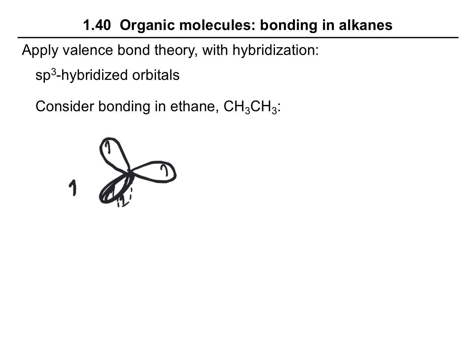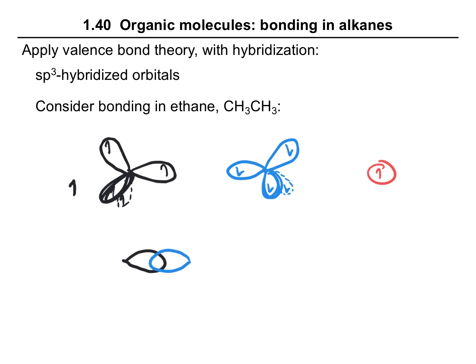Now, our second carbon atom that's sp3 hybridized will have an sp3 orbital, another sp3, another sp3, and another sp3 going back behind. And this one will have one electron, one electron, one electron, and one electron. In addition, we have our hydrogens, which have one electron in an s orbital. So as we think about the molecule altogether, we have this carbon will have its sp3 orbital overlapped with this carbon's sp3 orbital.